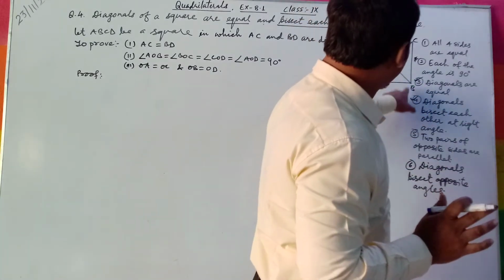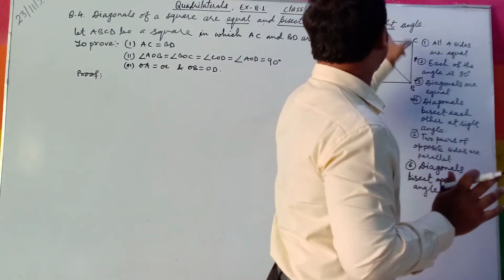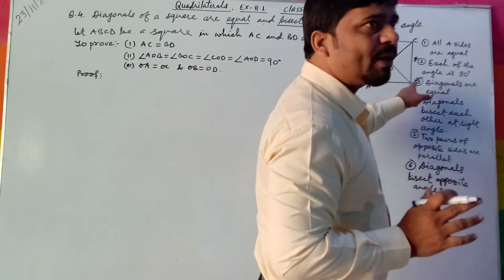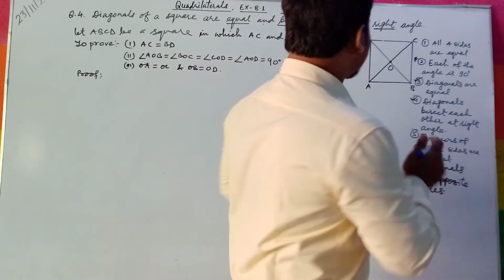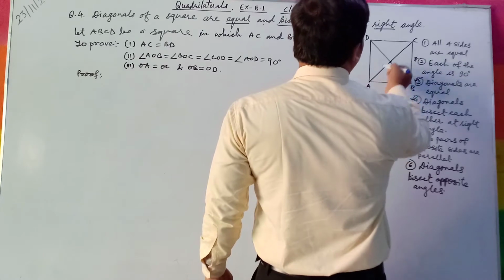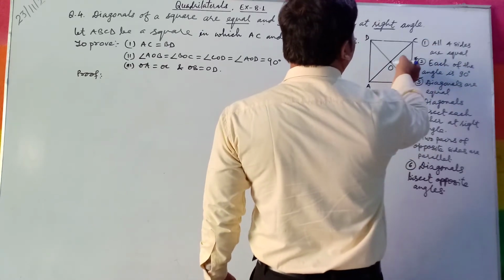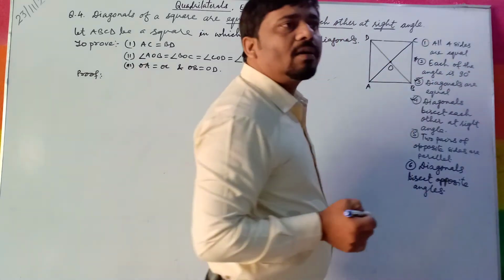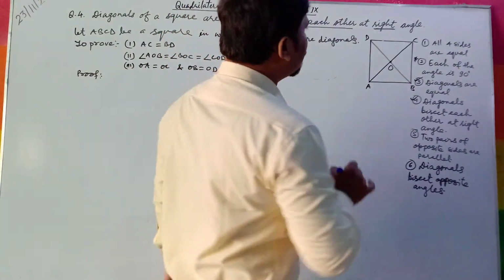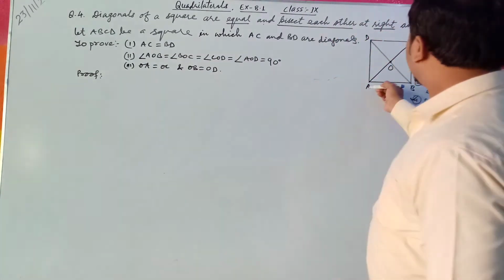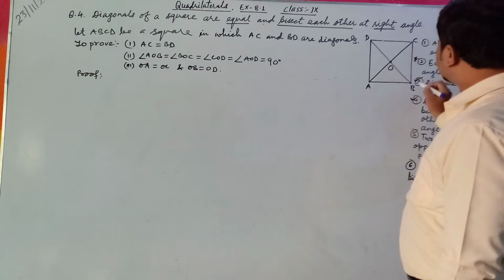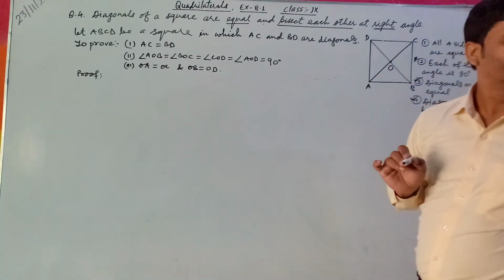We cannot take AOB, BOC, COD, because then only part of this AC and part of this BD will come. The whole part will not come. So you have to name the triangle according to diagonal AC and diagonal BD.